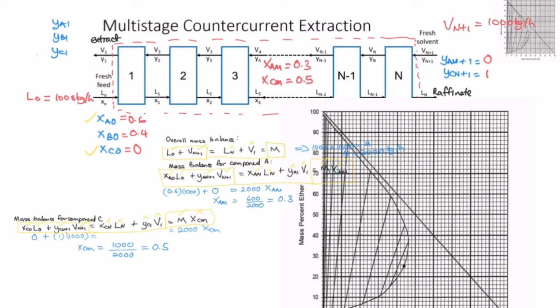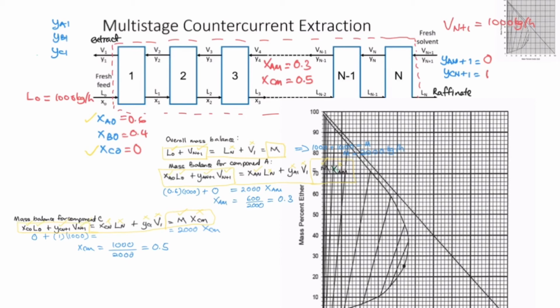You can plot L0, where XA0 is equal to 0.6. So this is 60% of A, and for your C it is 0, therefore your L0 lies at this particular point.